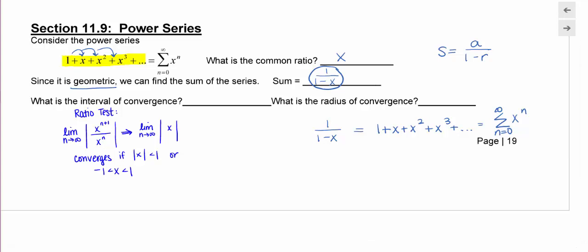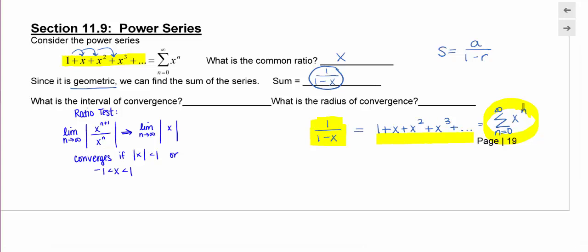If I wanted a way to rewrite or change the form of 1 over 1 minus x, I could turn it into this infinite power series, and that is going to make our life easier.